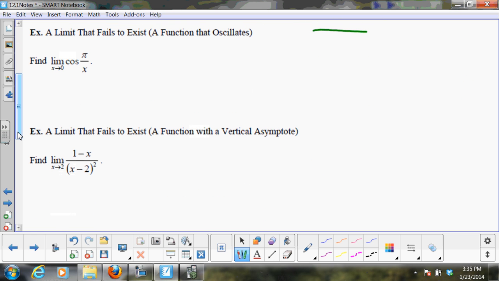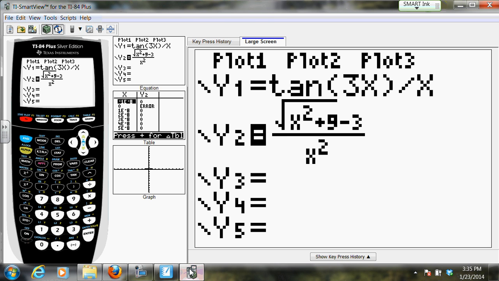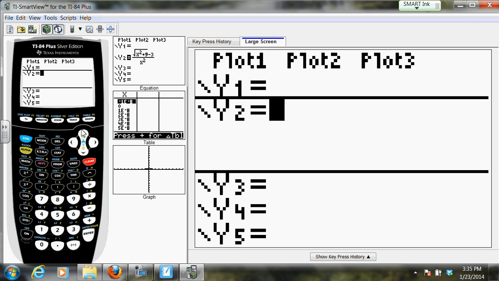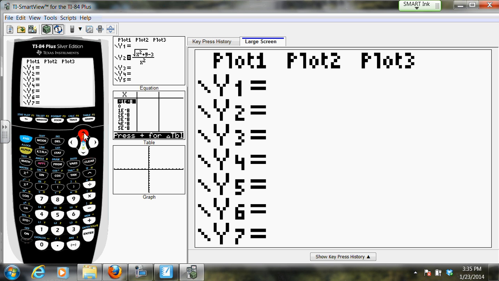Next one, we have cosine of pi over x. I want to show you what this looks like in the graphing calculator. We are in radians, so cosine of pi divided by x, graph.